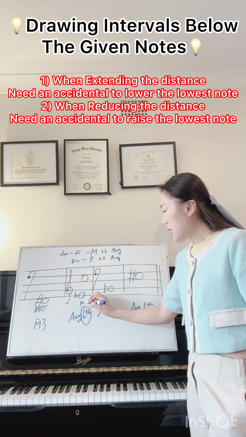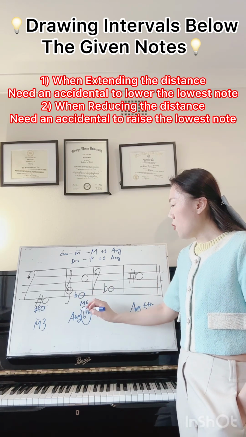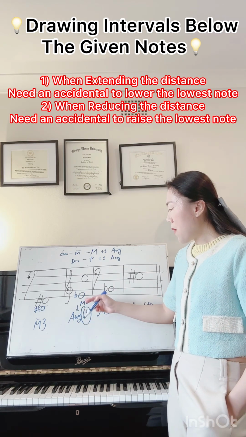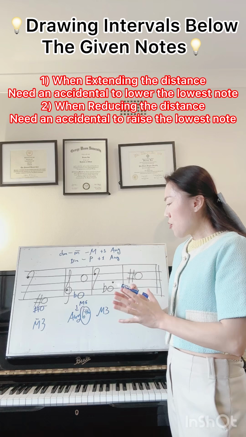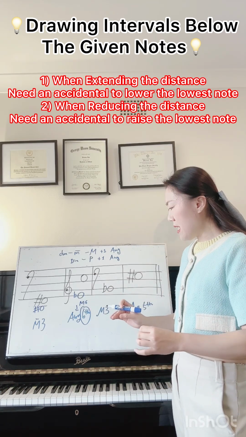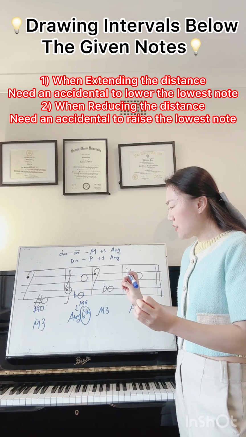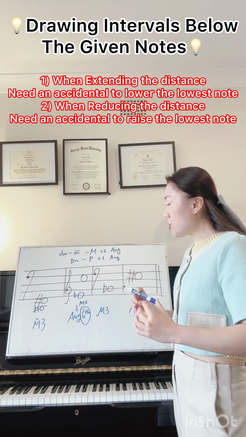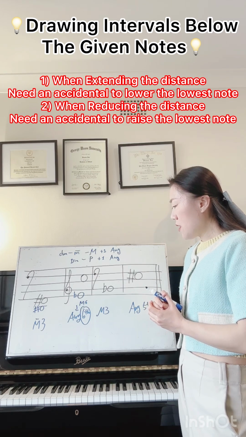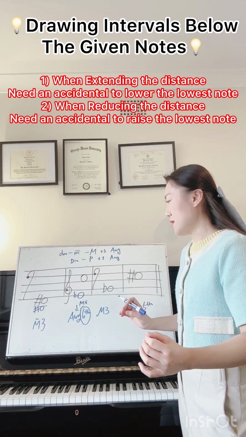Now it's major 6. Now we have to make it into augmented 6 from major 6. So in order to make the major 6 into augmented 6, do we have to extend the distance between the notes, or do we need to reduce the distance between the notes? We have to extend the distance, right?